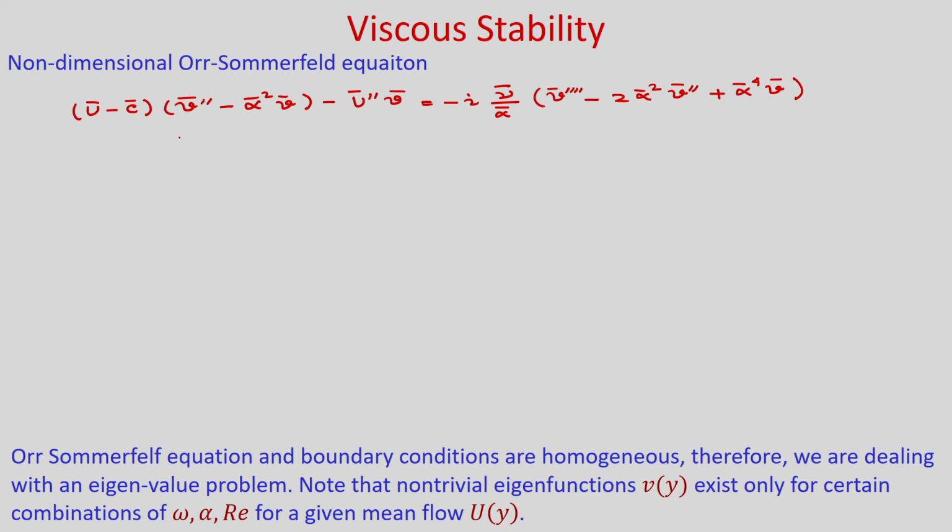Okay. So, you know that here c bar is the wave propagation speed and alpha bar is the wave number, and this double prime is the second derivative and u double prime is d2 u bar by dy square.